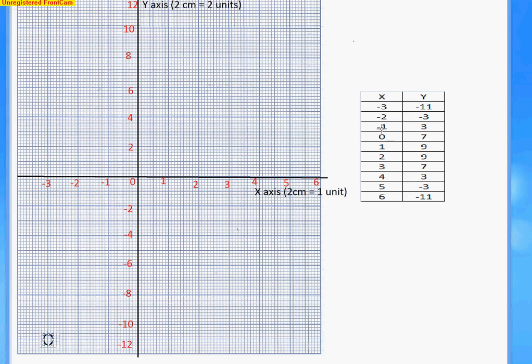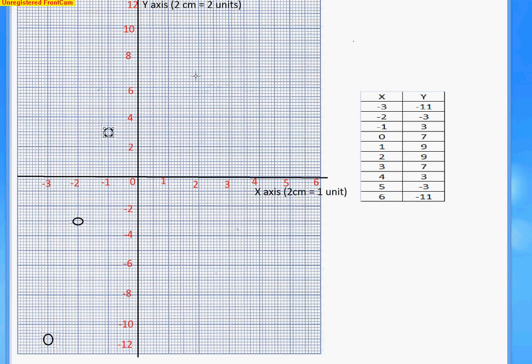When x is equal to negative 2, y is equal to negative 3, so that will be somewhere here. When x is negative 1, y is positive 3, so that will be somewhere here.